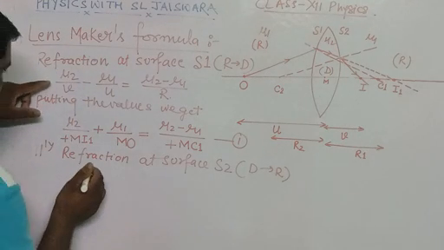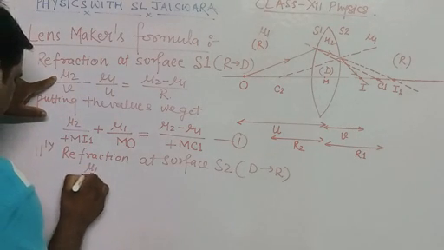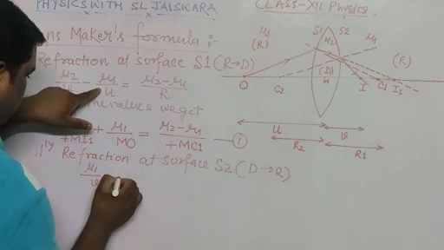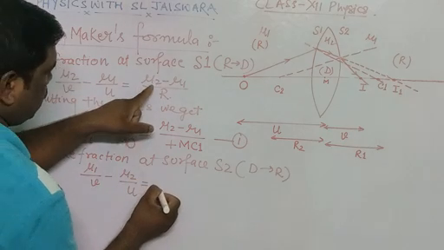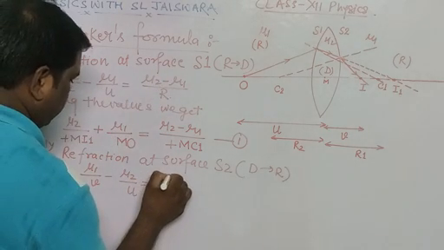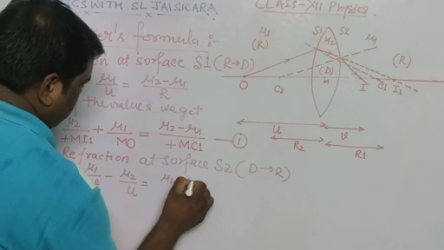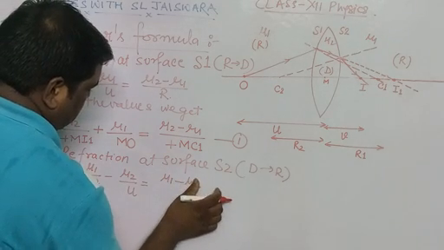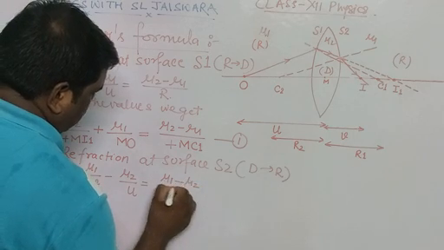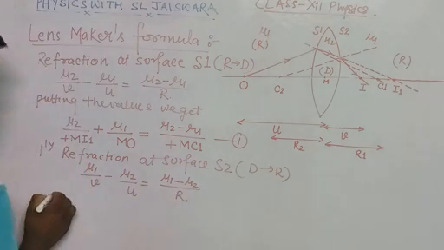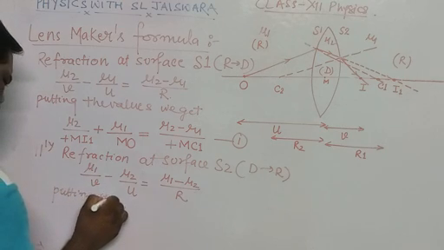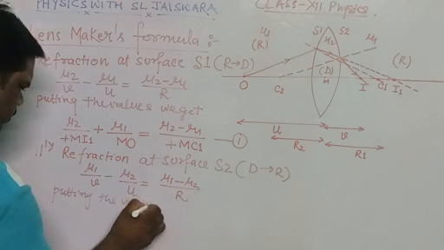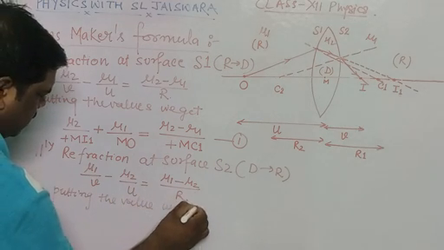I hope you are all familiar. So here it will be mu1 upon V minus mu2 upon U is equal to mu2 minus mu1. Instead of mu2 minus mu1, it will be mu1 minus mu2 upon R. Now again the same process, putting the values, what will we get?